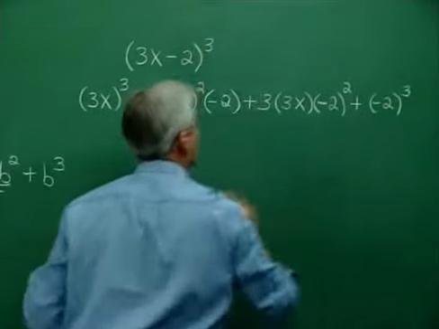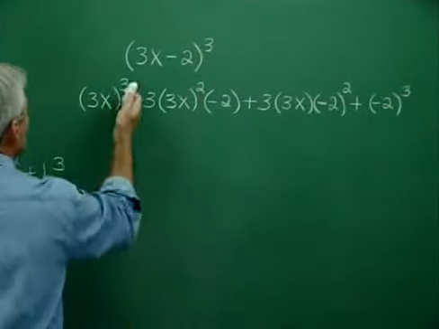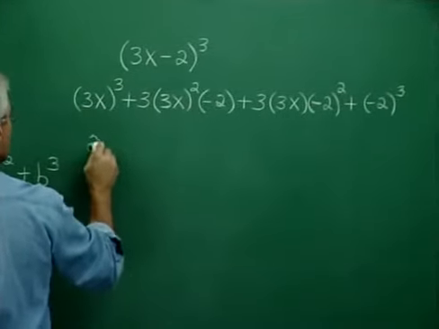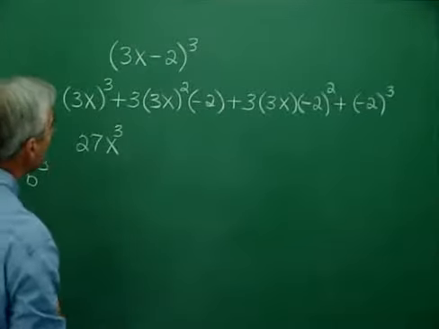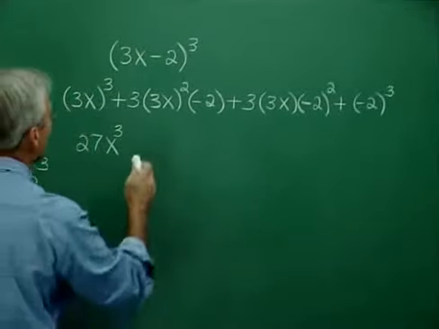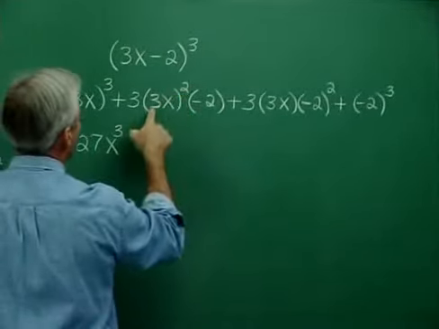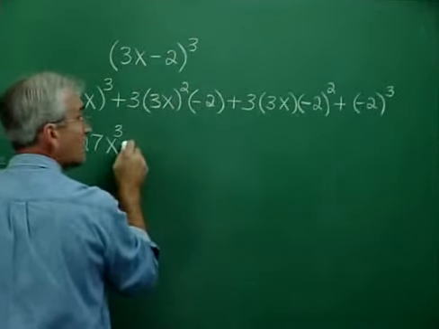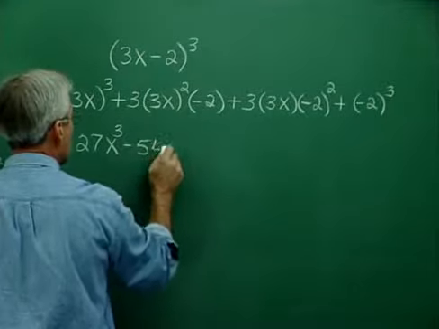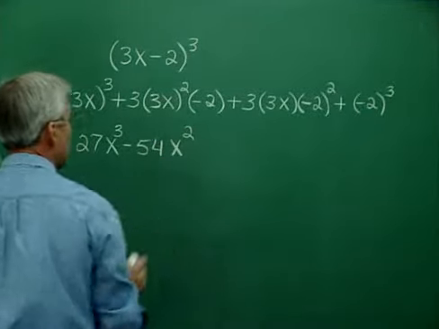All right, let's go back through and evaluate a bit. Cubing here, we're cubing 3 to get 27, and then x is cubed. Now let's see, can we do all of these at one time? Maybe we can. We're squaring the 3 to give 9. 9 times 3 is 27, times minus 2. That's minus 54x squared.